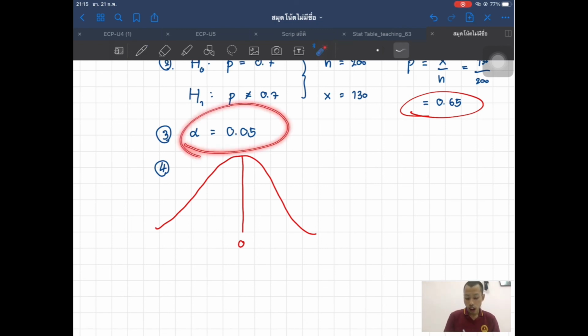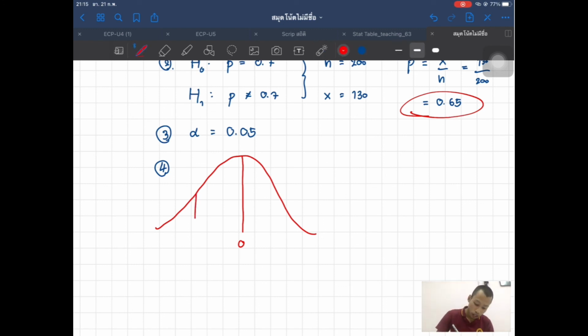With alpha equals 0.05, we have the left area and the right area equal 0.025 and 0.025.